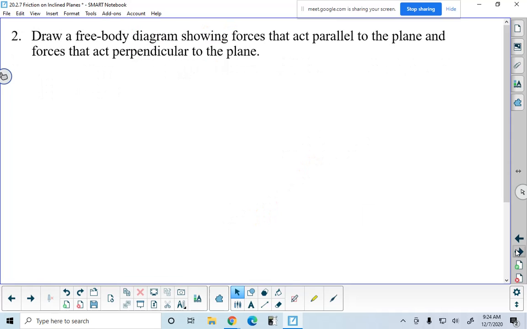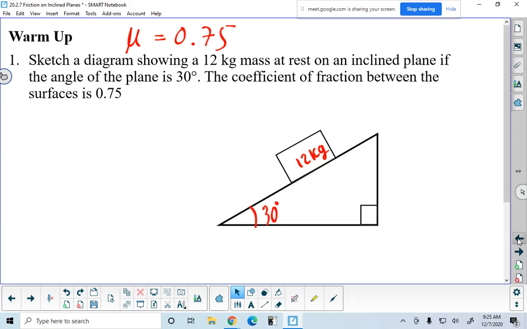So now we're asked to draw a free body diagram showing the forces that act parallel to the plane and perpendicular to the plane. So I don't want you to draw anything just yet, and this is a little hard to follow without having a ramp in front of us where we would do a couple of demos.